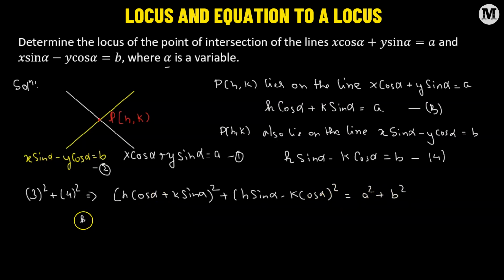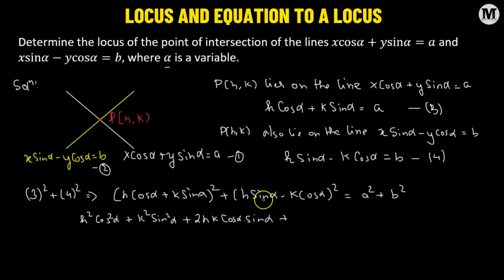Now let's expand. We get h squared times cosine squared alpha plus k squared times sine squared alpha plus 2 times h times k times cosine alpha times sine alpha.